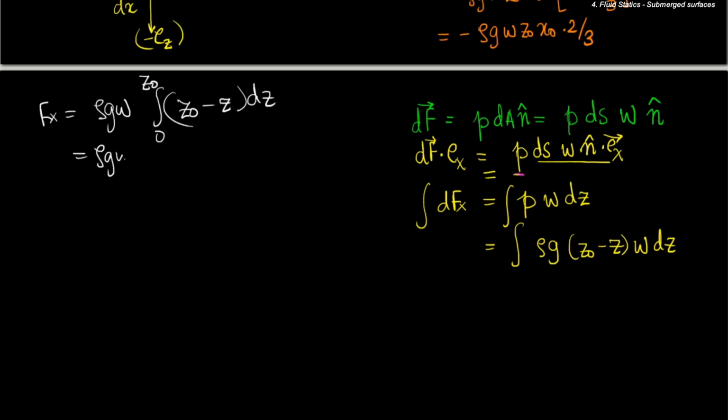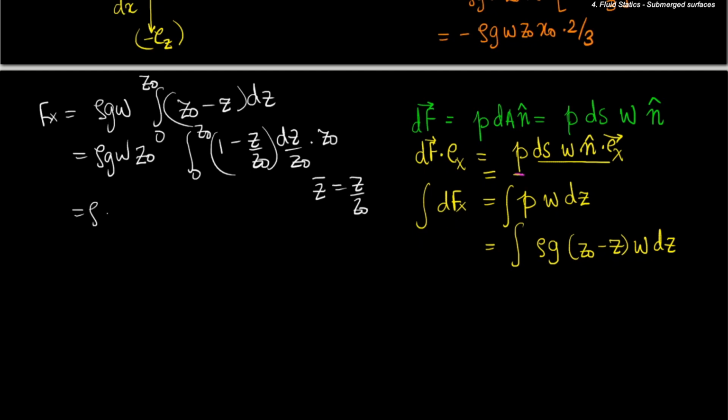So let me take z naught outside, and this becomes integral 0 to z naught 1 minus z upon z naught dz. I can divide everything by z naught and multiply by z naught, and I can let z upon z naught be z bar.